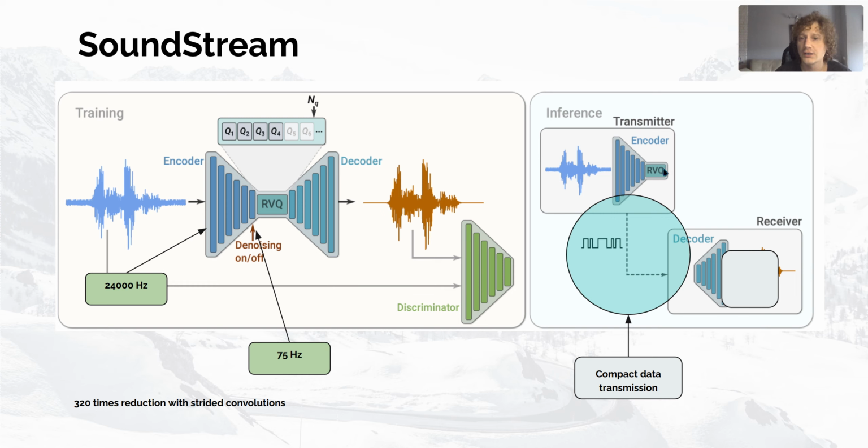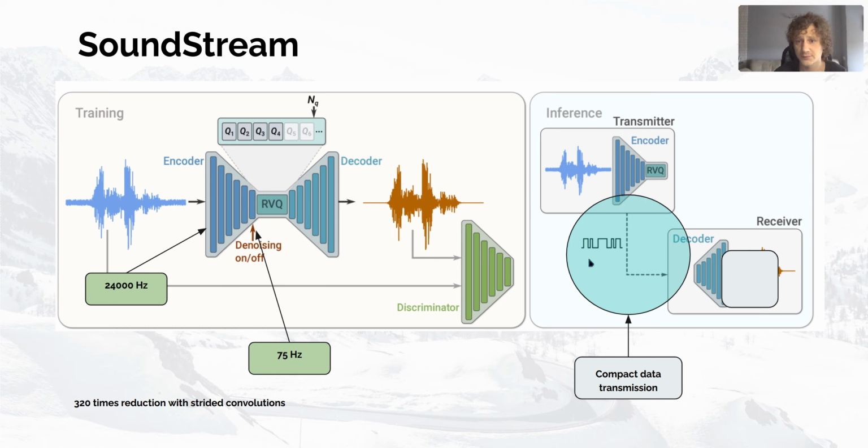We use this residual vector quantization part. This residual vector quantization part quantizes our signal into a codebook. So it uses some codebook, some number of vectors, similar to the vector quantized variational encoder. And instead of using this specific codebook, we use only indices.